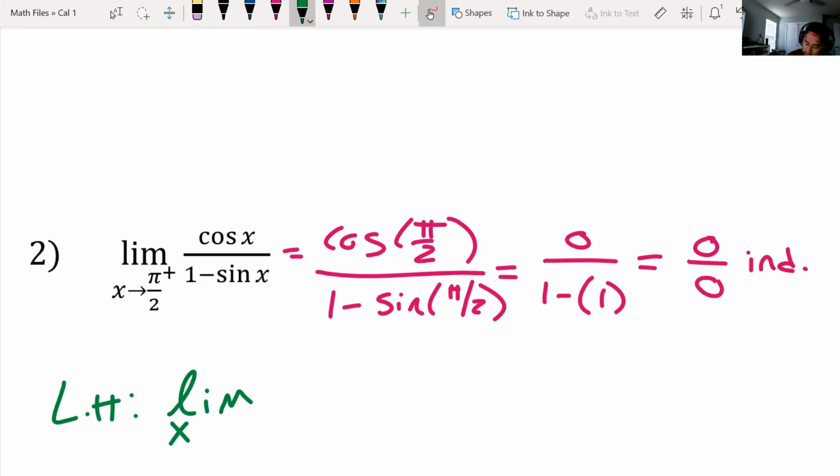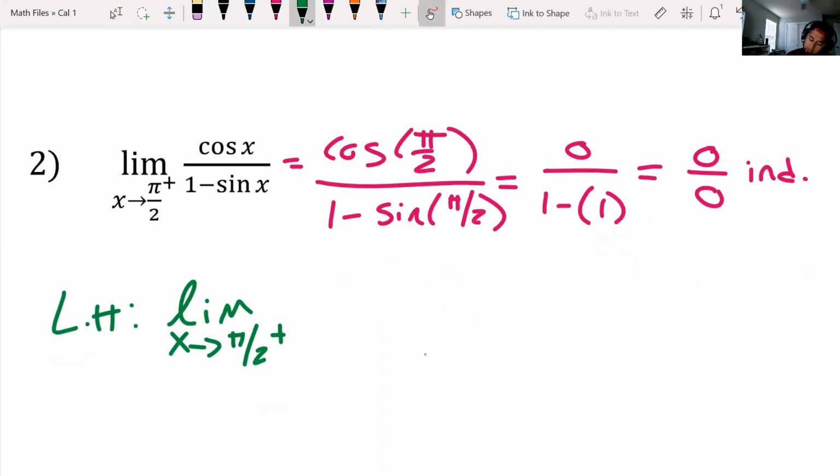And the limit as x approaches pi over 2 from the right. What's the derivative of cosine? Negative sine x. What's the derivative of the denominator? Negative cosine x.